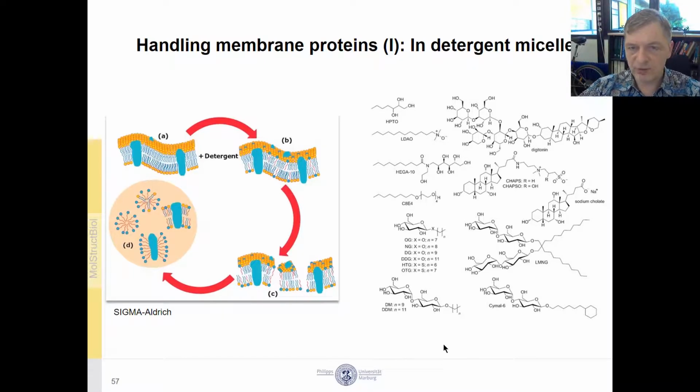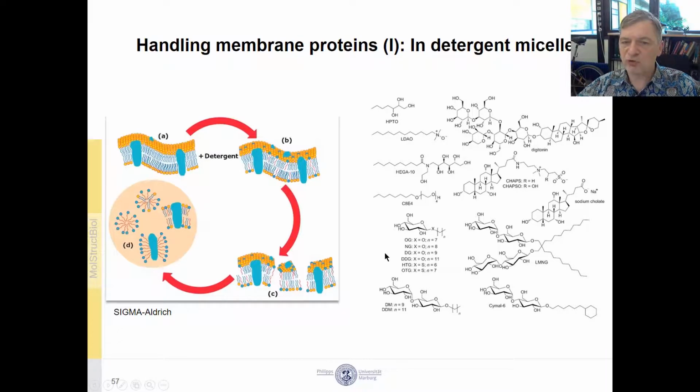Some of them are very cheap, like LDAO, which costs just a few cents per gram, but others are very expensive, a few hundred euros per gram, like digitonin, for example, this very complex compound that is very successfully used for some membrane protein complexes.